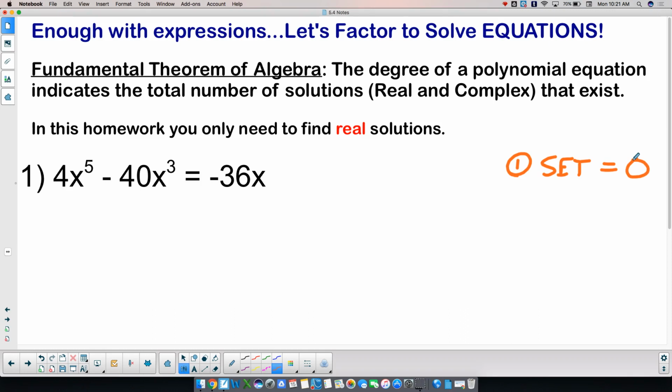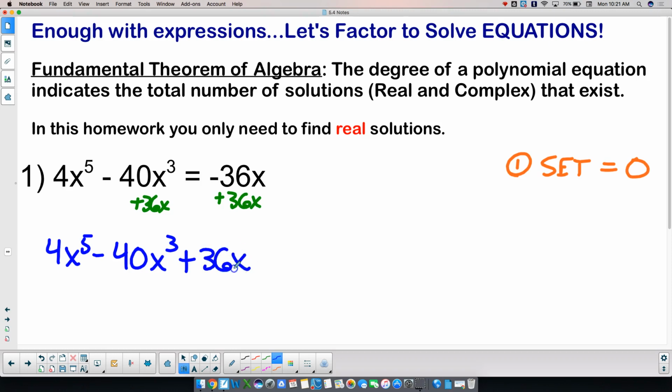So in this particular case, I would be adding 36x to both sides. So that gets me 4x to the 5th minus 40x cubed plus 36x equal to 0.